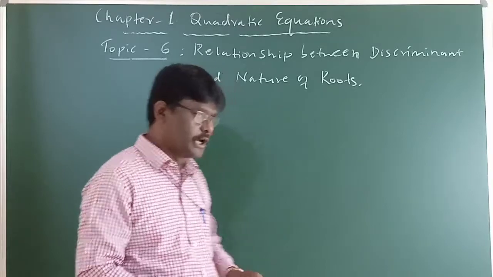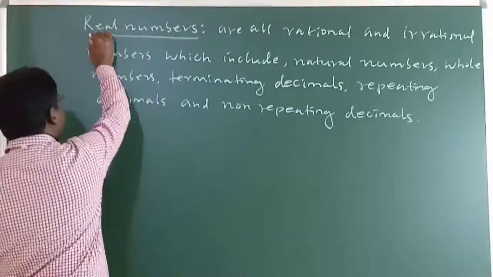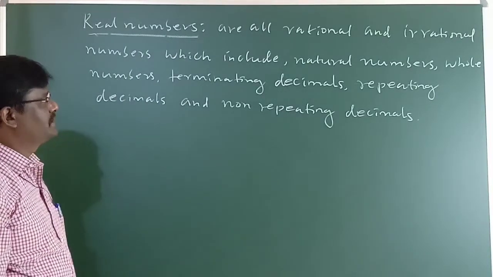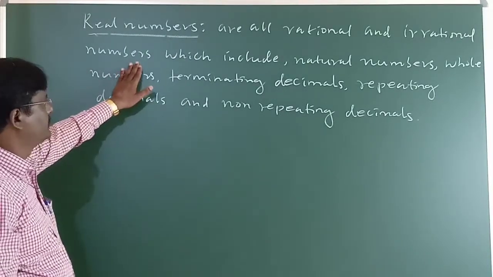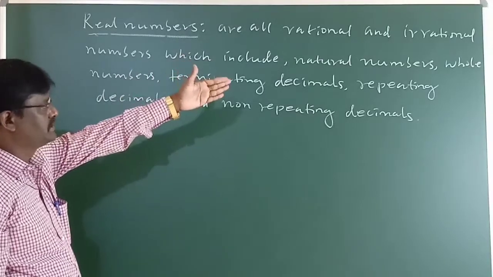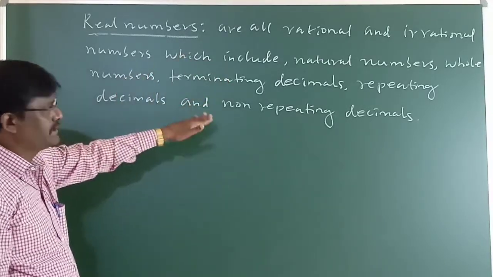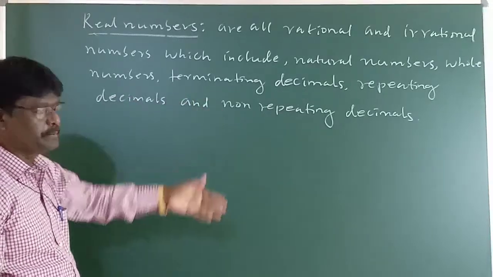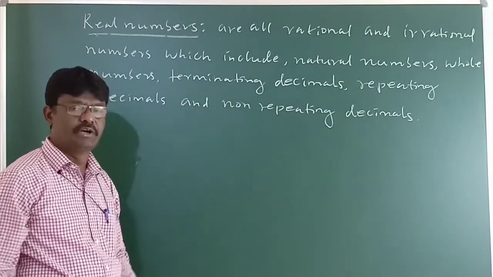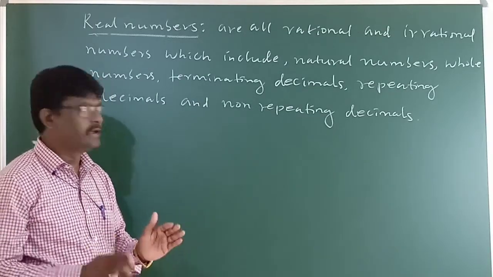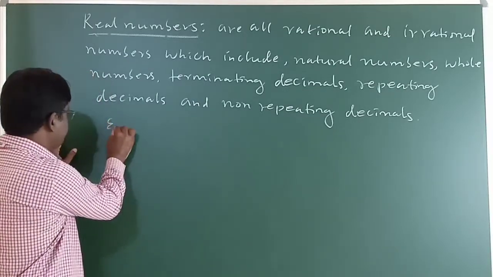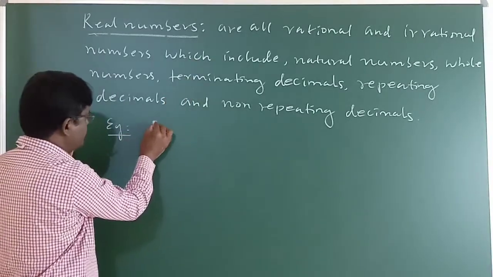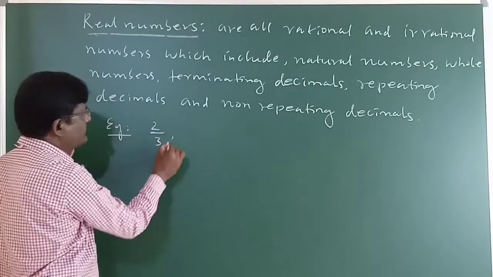Okay, children. Real numbers are all rational and irrational numbers, which include natural numbers, whole numbers, terminating decimals, repeating decimals, and even non-repeating decimals. Hence, children, all these together we call real numbers. For example, anything it can be. Let us take some rational, for example, 2 by 3.